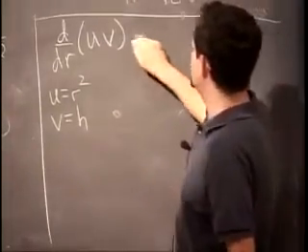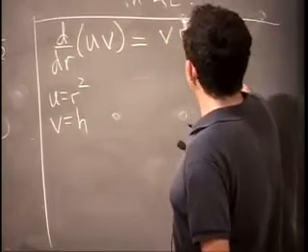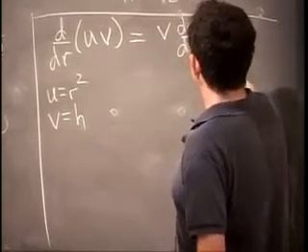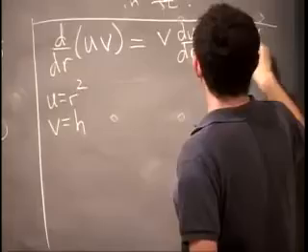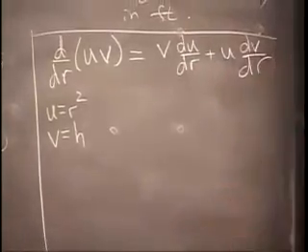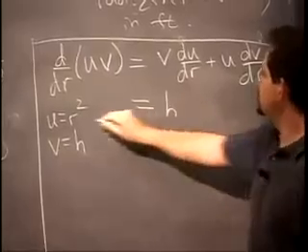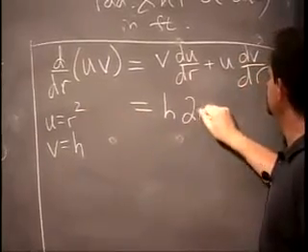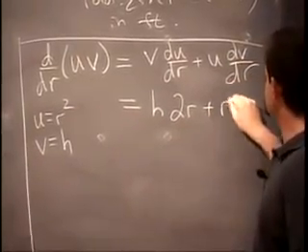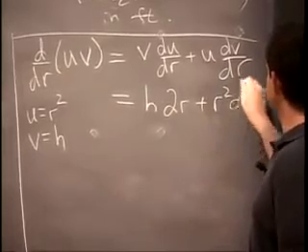This is equal to v du plus u dv, the product rule. v is h, du is 2r, u is r squared, and dv is simply dh.